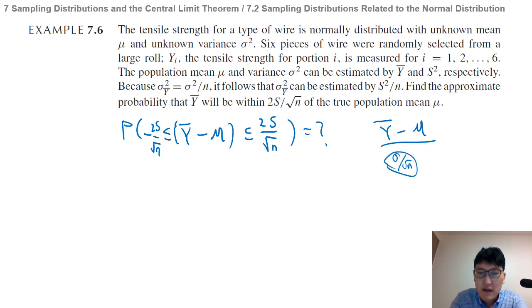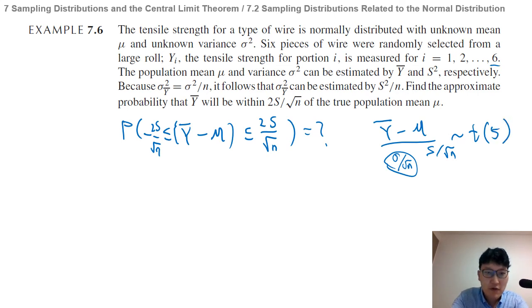Rather than this, if we put S here, like S divided by square root of n, then from the previous theorem, we learned that this follows a t distribution with degrees of freedom n minus 1. So here n is 6, so degrees of freedom is 5.